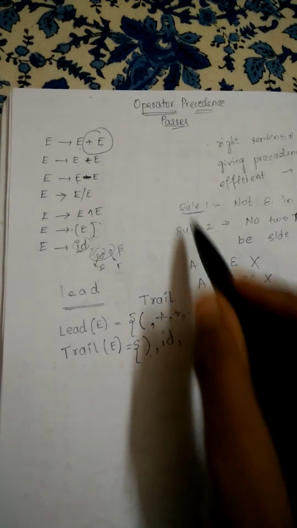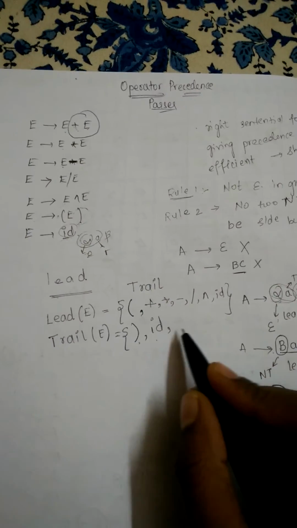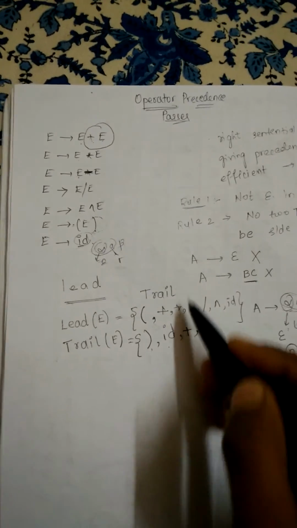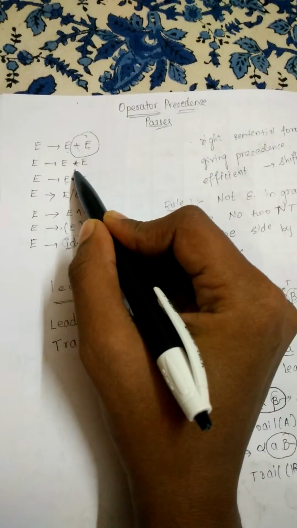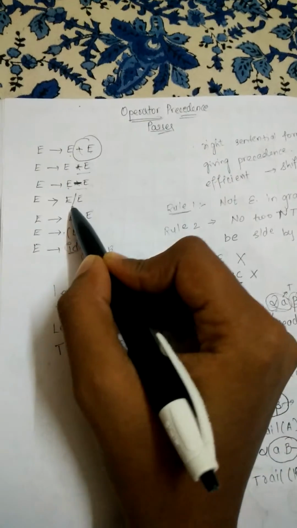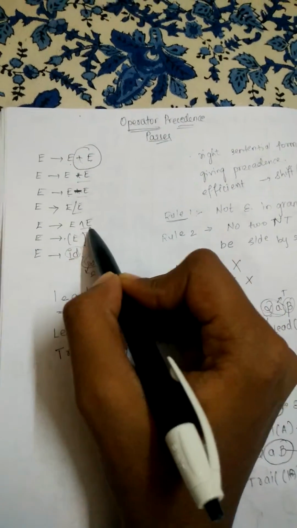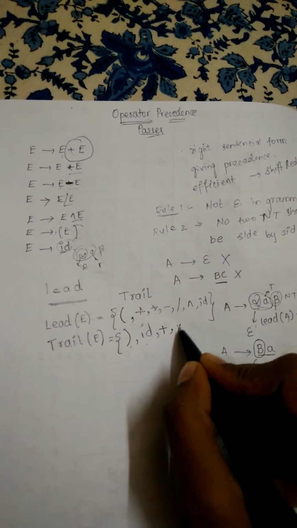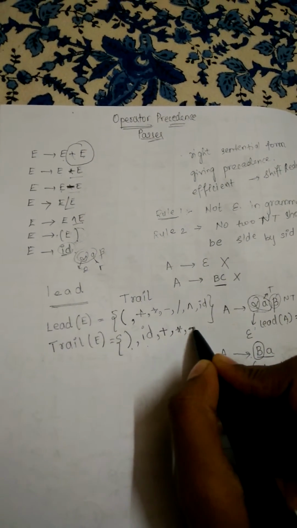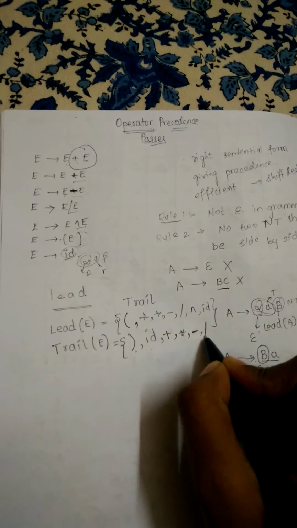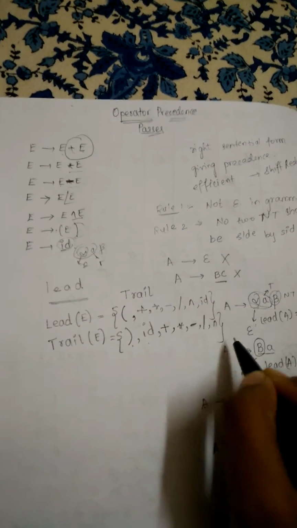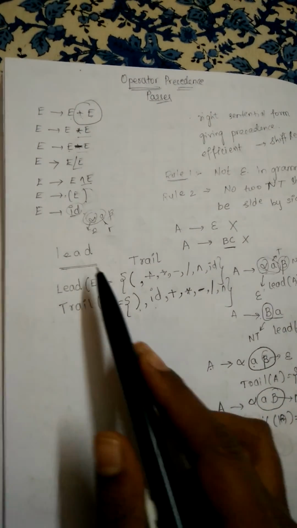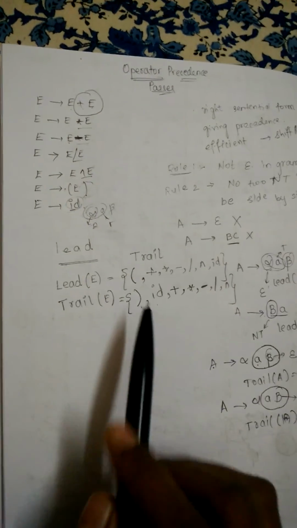Close bracket, id, and the next element is plus, so it contains plus. The same thing happens with star E, minus E, divided by E, and power E. Include all the things: star, minus, divided and exponential. These are the trail set of the above grammar.